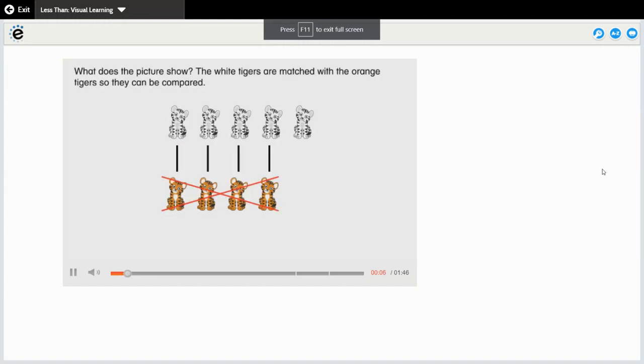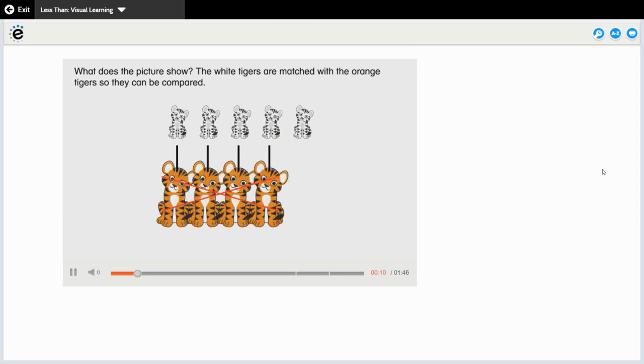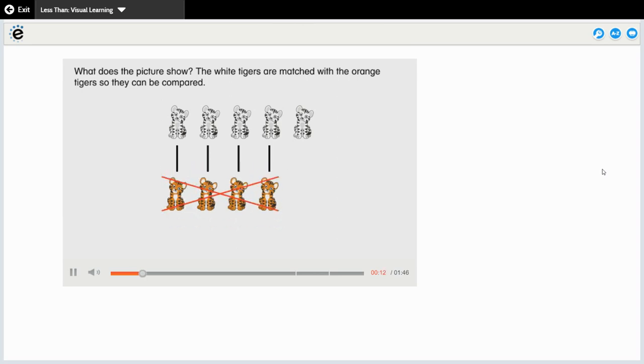What does the picture show? The white tigers are matched with the orange tigers so they can be compared. Why are lines connecting each orange tiger to a white tiger? To show matching. Why is there an X marked over the orange tigers?